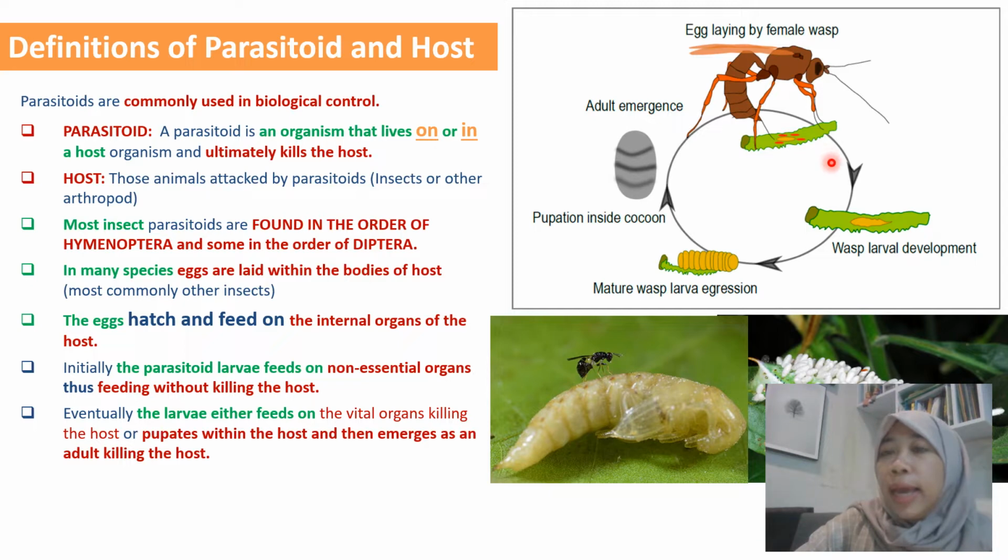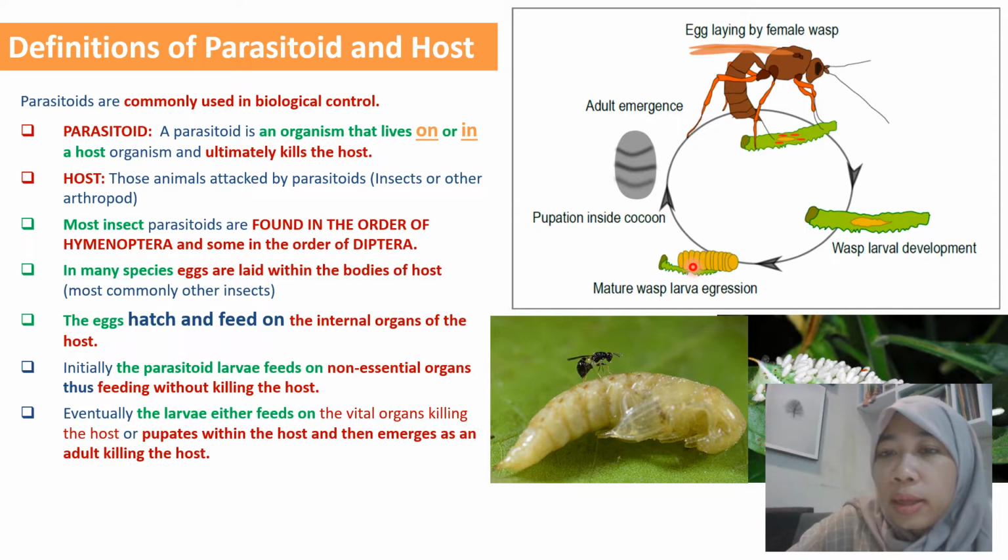Then the egg becomes a larva, and the larva will live inside or outside the host. This is an endoparasitoid, so the larva will remain inside the body of the host, and after that the larva becomes a pupa.